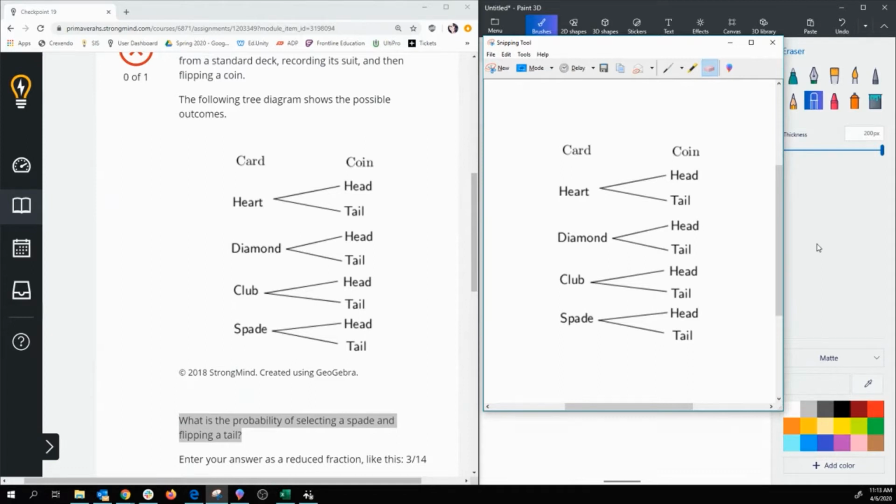Tristan's got it. And again, for this one, make sure that you double check the question, because there's more than one problem on here that will use the same tree diagram. So just double check it.